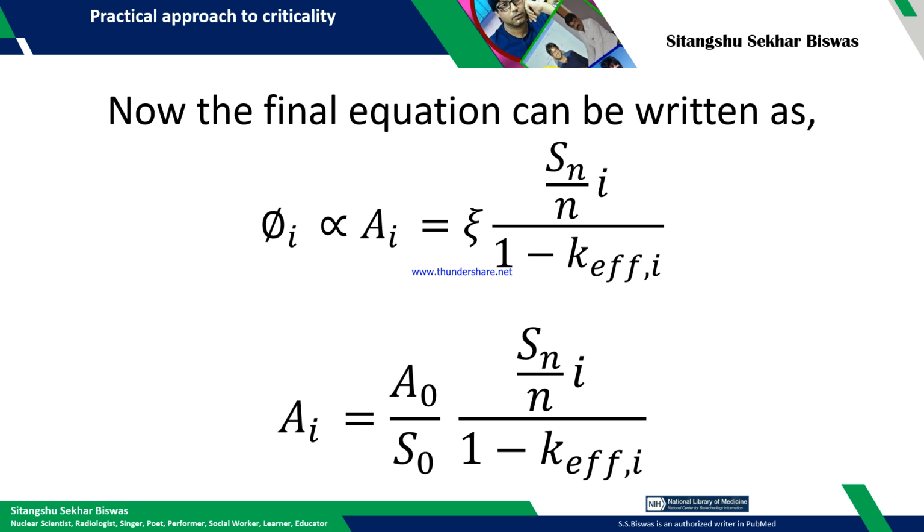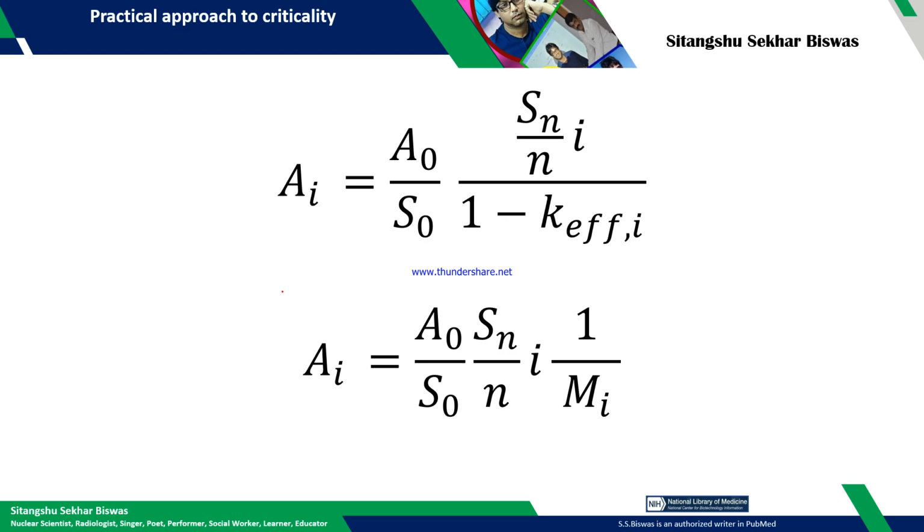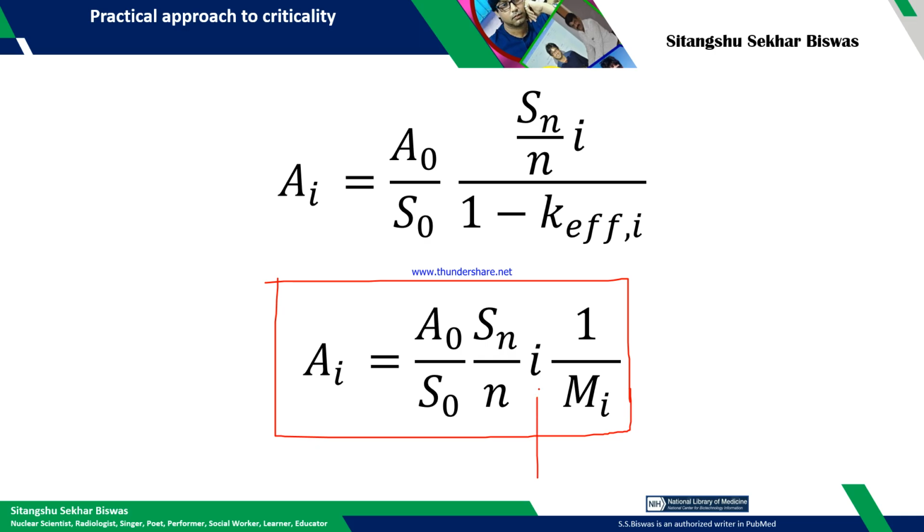Finally, I am replacing this zeta like this, simple mathematics. And now the final equation is turned into this. From the exercise I explained earlier, these values are known.